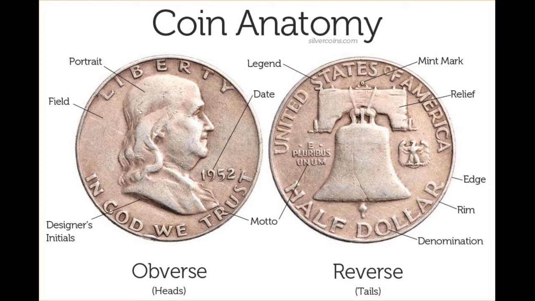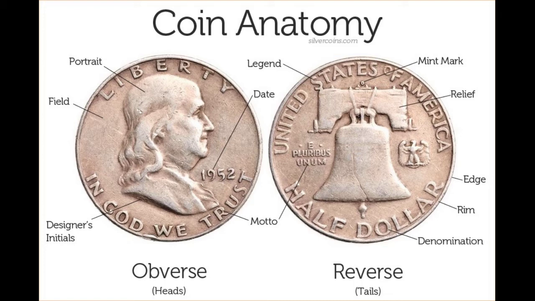On the back, they are calling the upper inscription the legend. They point out the mint mark. Here they refer to the relief on the back. And then edge is the same, rim is the same.